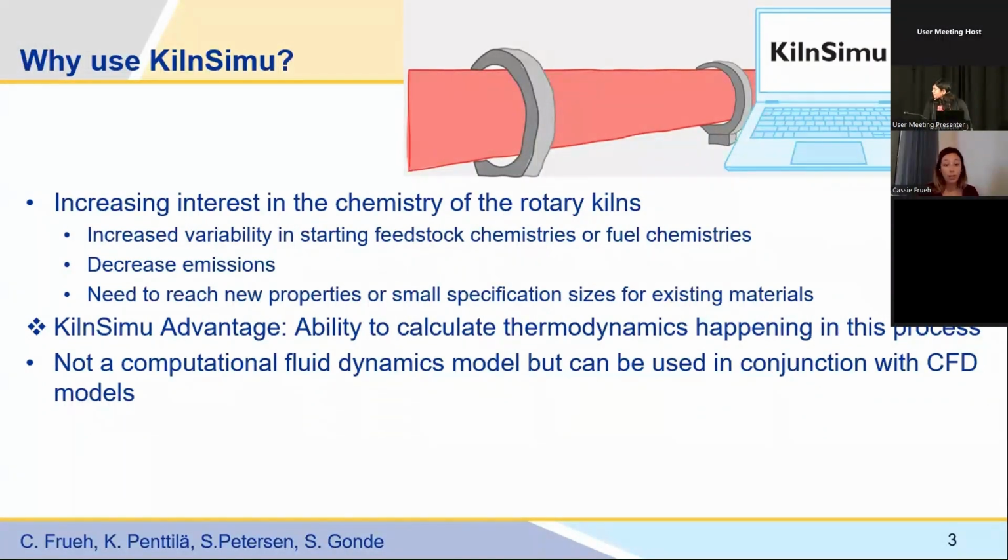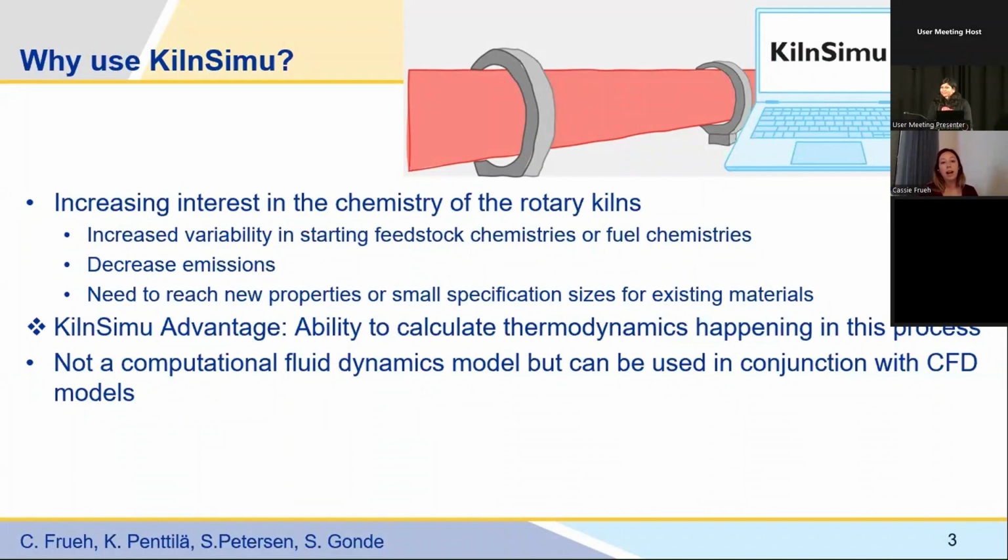This is not a computational fluid dynamics model, so there are things that KilnSimu cannot do. CFD models normally have flame length and flame information, gas flow patterns, pressure distribution, and stresses on the kiln, whereas KilnSimu does not. But the advantage that KilnSimu has that no other software does is that, with the thermodynamic databases we have running with KilnSimu, you can calculate the thermodynamics happening throughout your entire process.